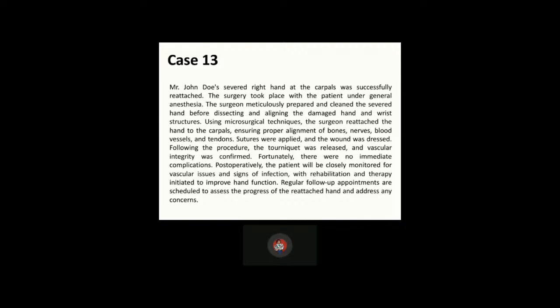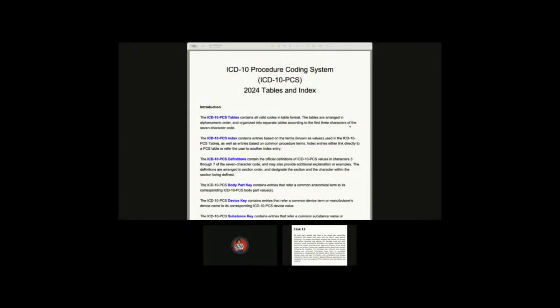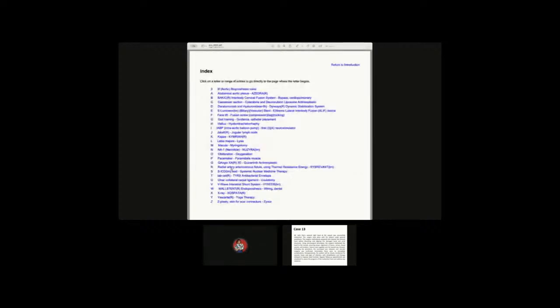And this surgeon says, we want the patient to follow up. All right, so the root operation here is going to be reattachment. Index, root operation, reattachment. And reattachment of what? It was the hand.